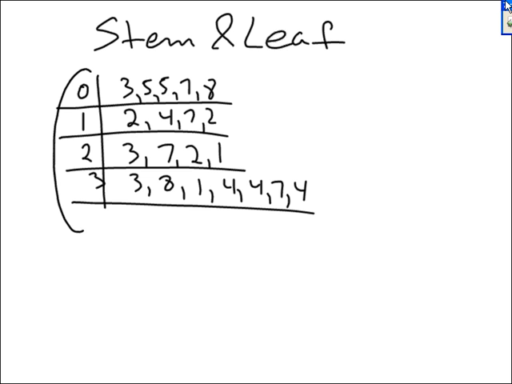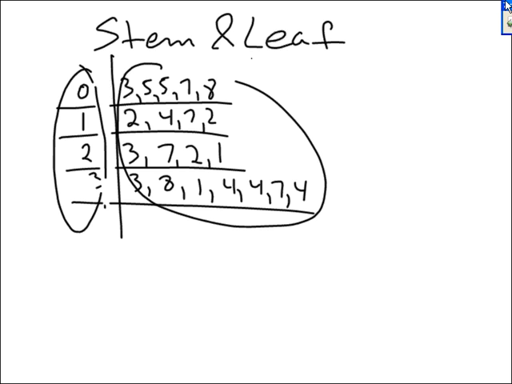To the left of the vertical line is called the stem, and to the right of it is called the leaf, hence the name stem and leaf. Let's look at the third row of numbers. The 3 always goes first.